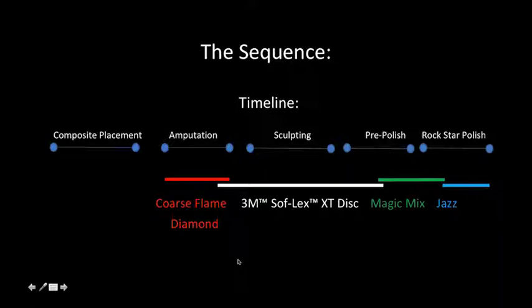Then there's the sculpting phase, the pre-polish, and what we call the rockstar polish phase, which we'll talk about later very briefly. What I really want to focus on during this webinar is what I'm doing with the 3M SofFlex XT disc. This disc is actually helping me in 3 of the 5 phases of this treatment sequence.